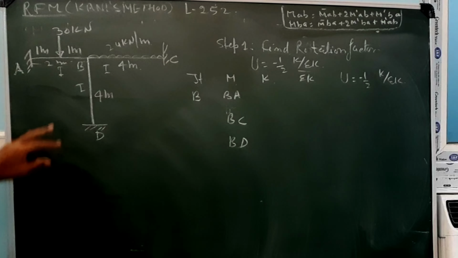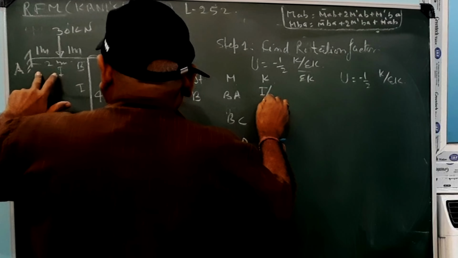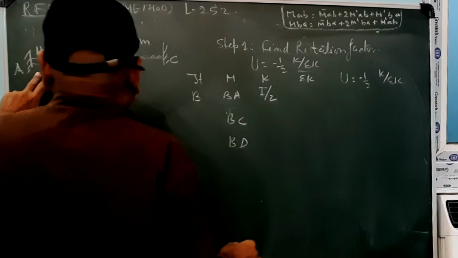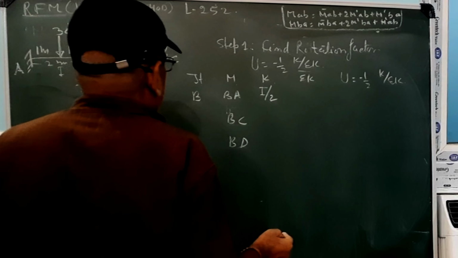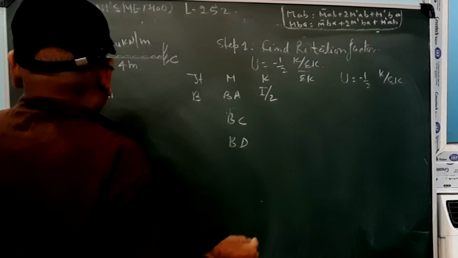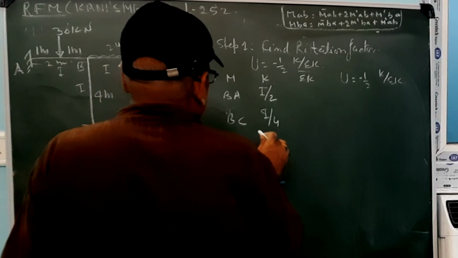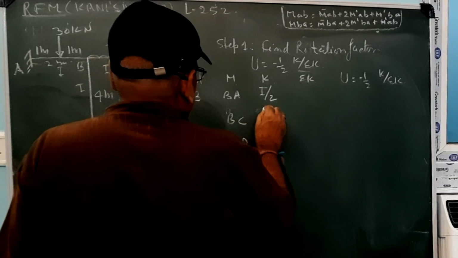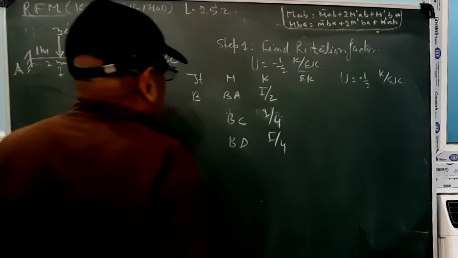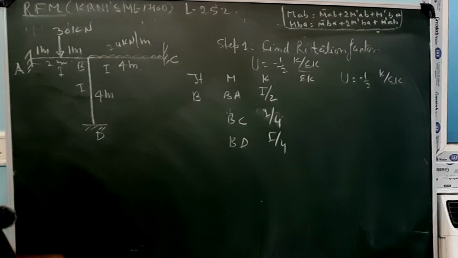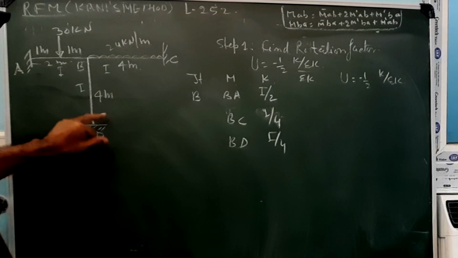So what will be the value of K? It is fixed, that is I by L, meaning 2, and sigma K. What is the value of K for BA, BC? BC is I by 4, and BD is also I by 4. This is I by 2, this is I by 4, this is I by 4.